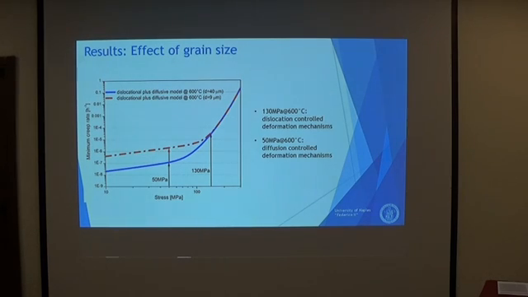And the second one at a higher stress, about 150 MPa at the same temperature, when the dislocation mechanism is the dominating mechanism. As you see in our modeling, introducing the effect of the grain size at low stress, there is a change in prediction of the minimum creep rate due to the effect of the grain size, while at higher stress this is negligible.